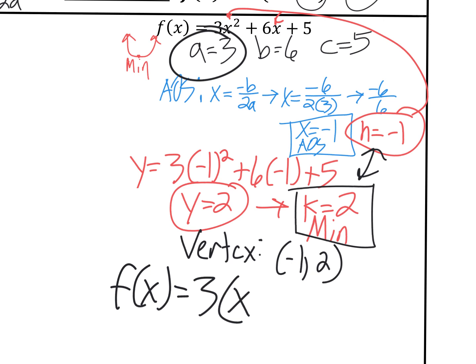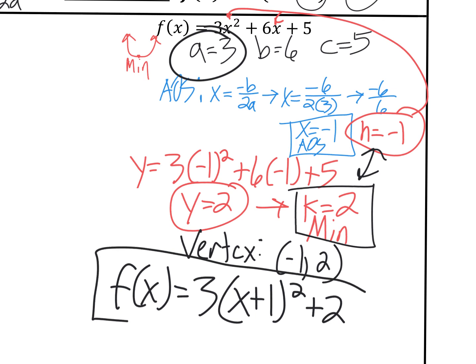If it says x minus h and h was negative 1, I'm minusing a negative 1. So instead of writing minus negative 1, I'm going to turn that into a plus 1. Then that's going to have a little power 2 on the outside, and then it'll say plus 2. All right, so that's our equation in vertex form.